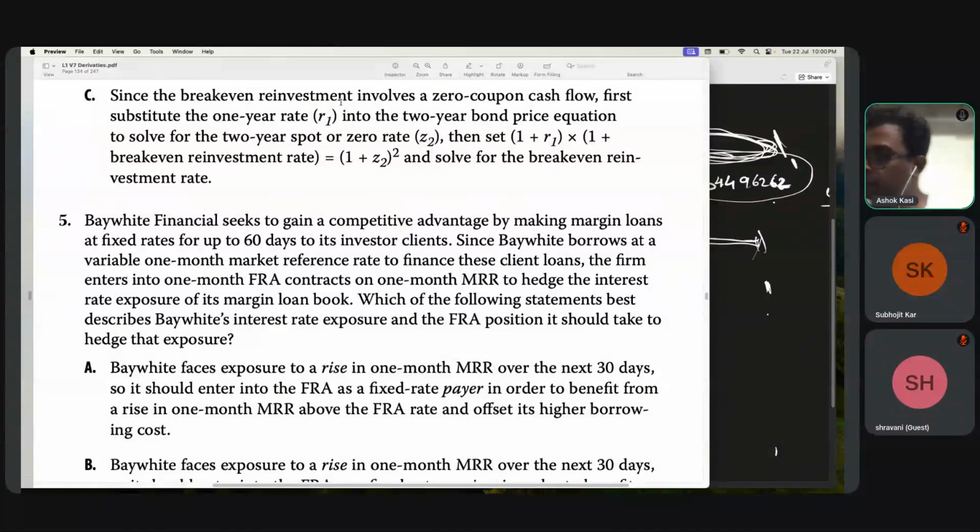Since the break-even reinvestment involves a zero coupon cash flow, first substitute the 1 year rate into the 2-year bond price equation to solve for the 2-year spot or zero rate.